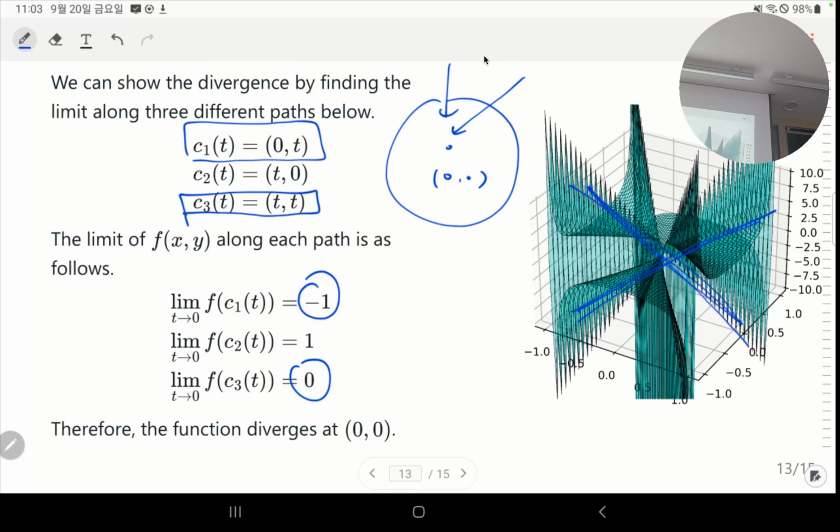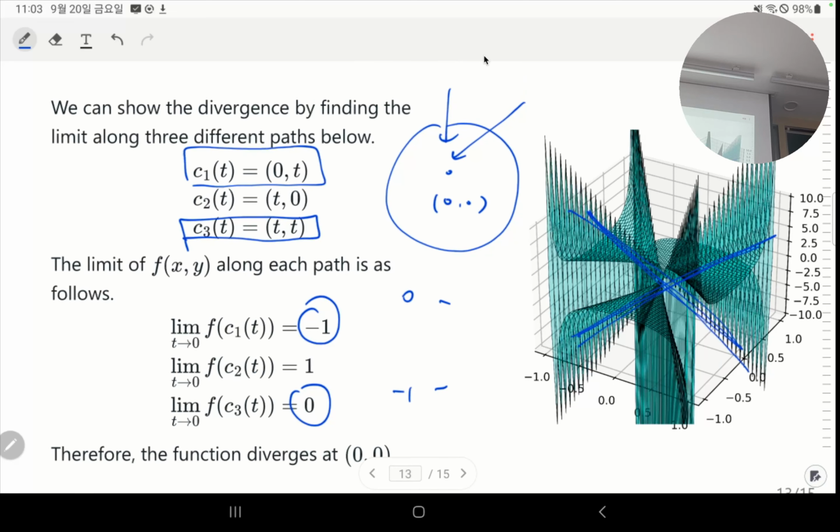So you can see that 0 and minus 1 are separated apart. You don't see that it's going to be closer and closer to the same number, right? So it's not converging. You can check with another path, for example (t, 0), then it goes to 1. So actually you can make any number a limit depending on the path in this case.